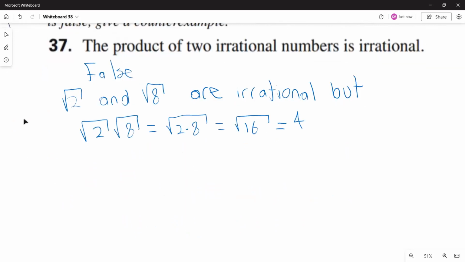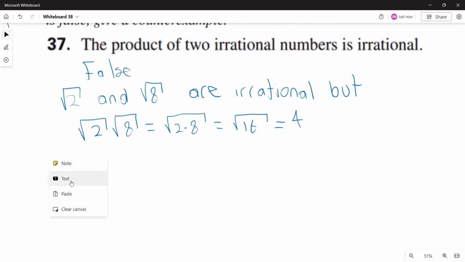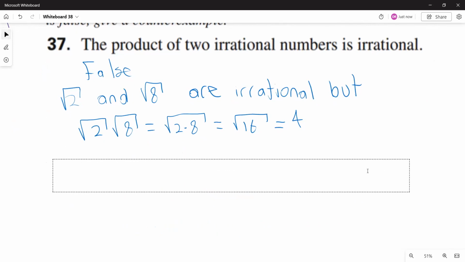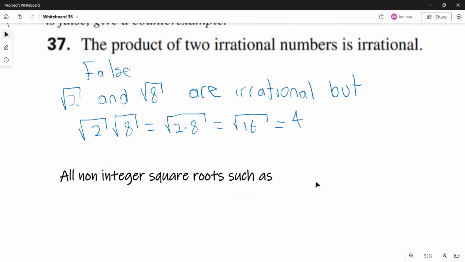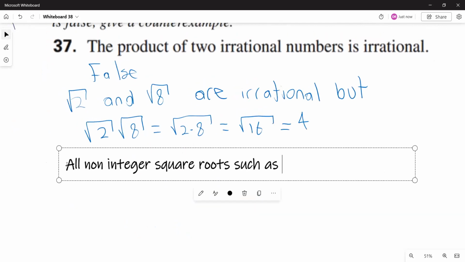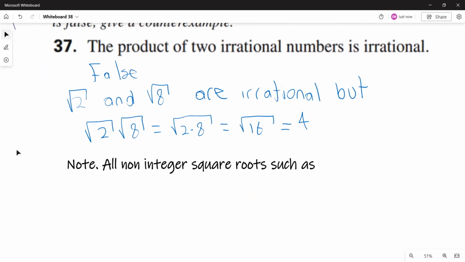And as a note, all non-integer square roots, such as square root of 2, square root of 3, square root of 4 is 2, so that's an integer, square root of 5, square root of 6, and so on.